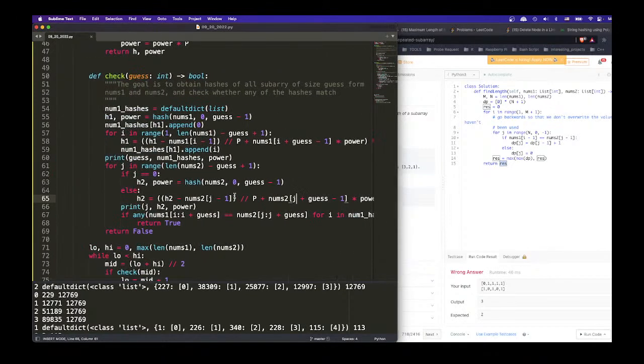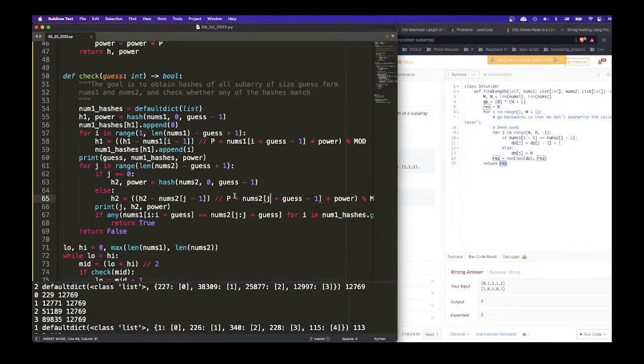Power is the same. Yeah, I don't understand. Why would this one keep going bigger and bigger?